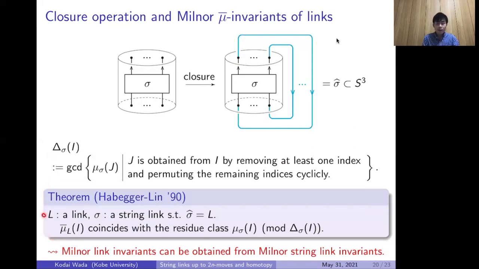Let L be a link, and let sigma be a string link whose closure represents L. Then the original Milnor mu-bar invariant of the link L coincides with the residue class of mu sigma (I) modulo delta sigma (I). This theorem means Milnor link invariants can be obtained from Milnor string link invariants.